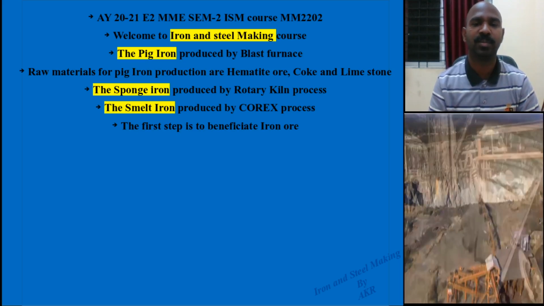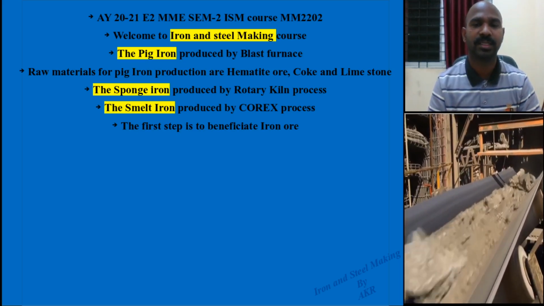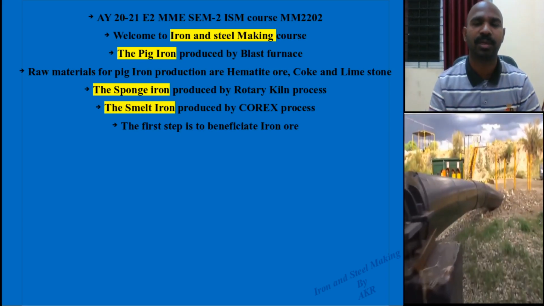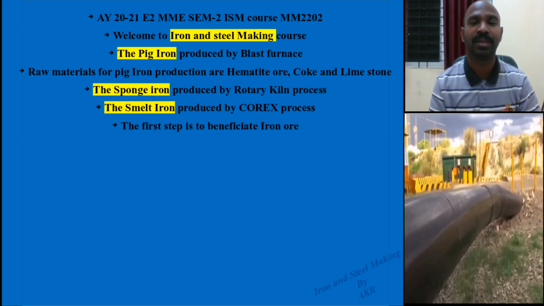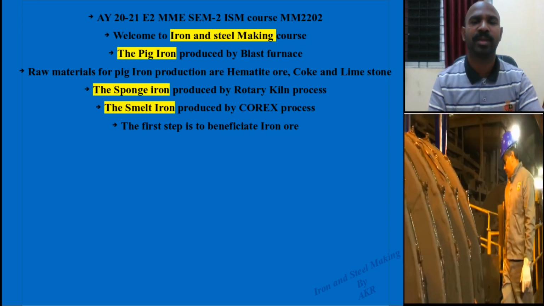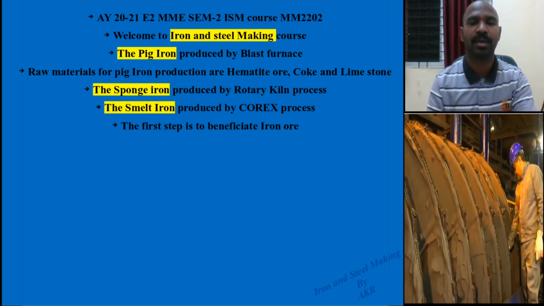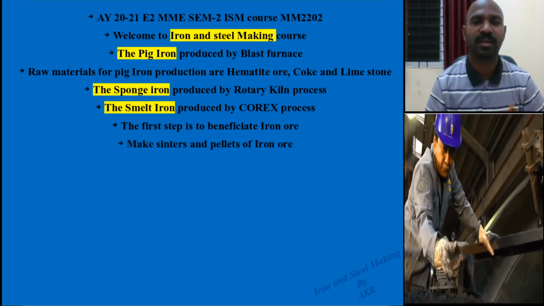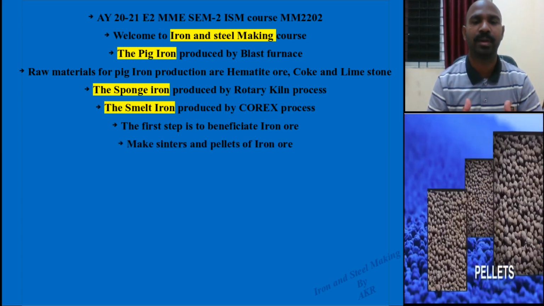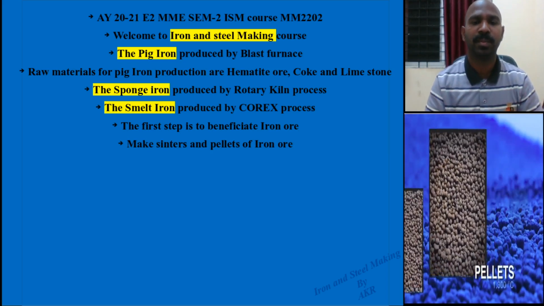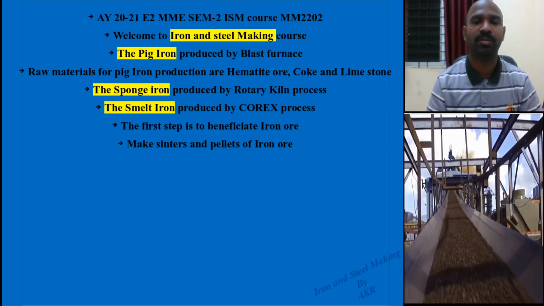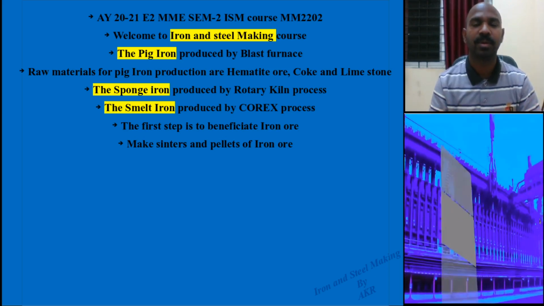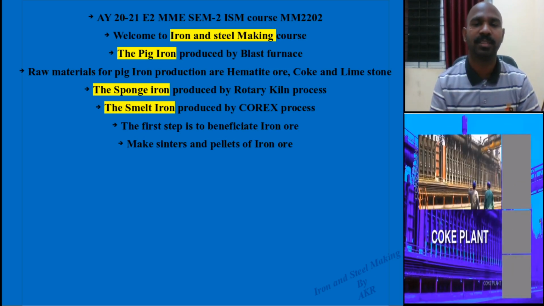The first step in producing the iron is that you are supposed to beneficiate iron ore. If it is low grade iron ore, you need to increase the iron rich content. For that, mineral beneficiation processes are adopted, and for producing the steel, fine iron ore is converted into iron ore sinters and iron ore pellets.